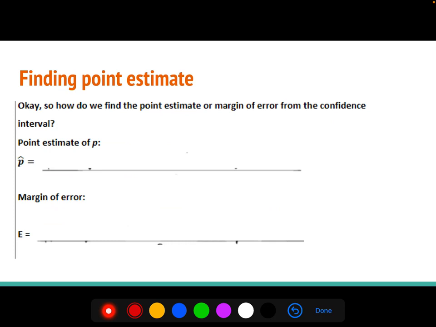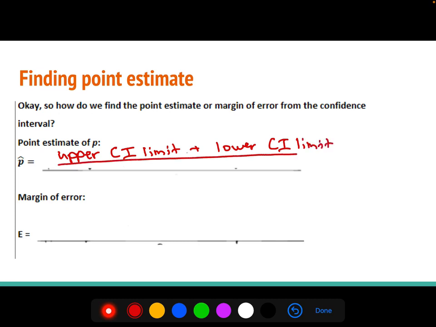A couple more formulas. How are we going to find the point estimate or margin of error if all we're given is the confidence interval? Because that happens. So what we do is we take the upper confidence interval limit plus the lower and divide by 2.